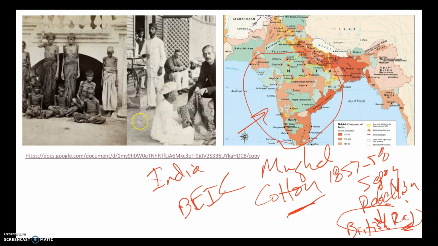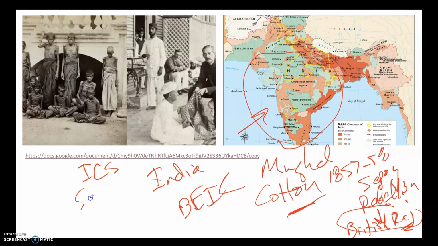And how does Britain rule over India? The Indian Civil Service. So the Indian Civil Service, British officials will rule over much of India. And what is the historical legacy of this rule? What are the advantages to the British ruling over India?